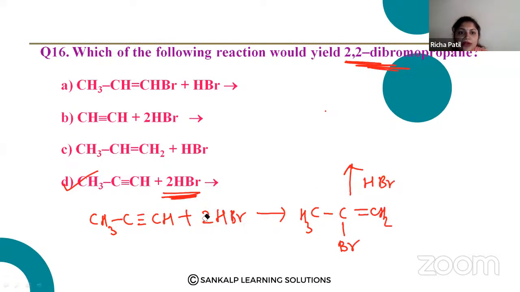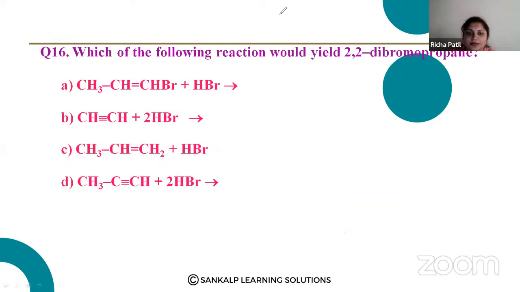Again, the least hydrogen is on this carbon, so Br will be here, and then it is CH3. So this is the answer D. This is Markovnikov's rule.